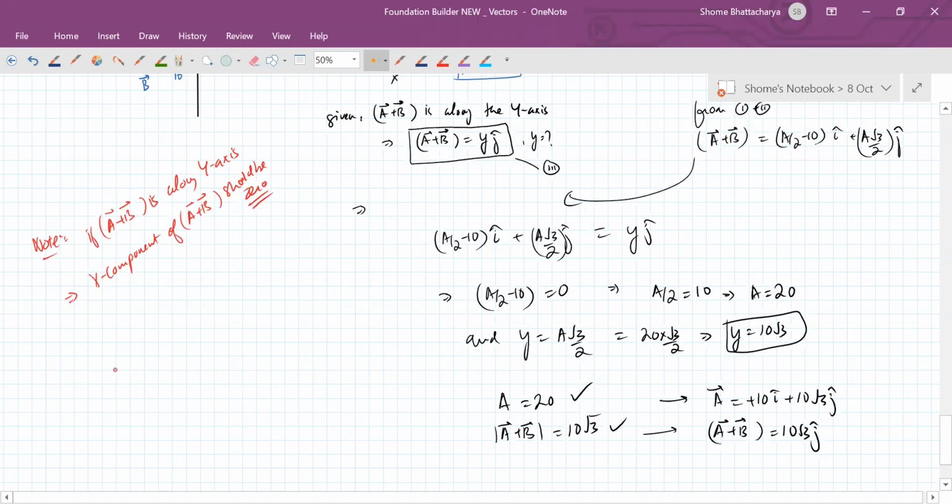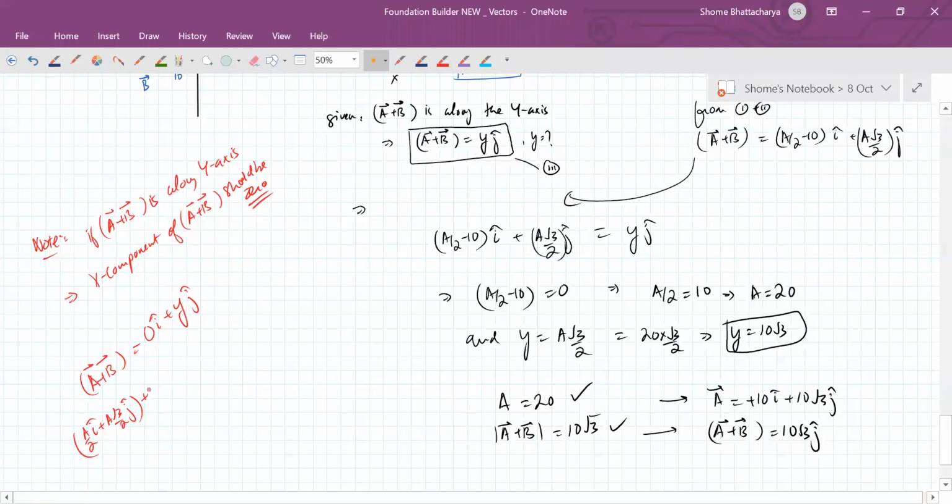So A plus B should be 0 i cap plus some y j cap. Now A was what? It was the vector A by 2 i cap plus A root 3 by 2 j cap, and B was the vector minus 10 i cap.